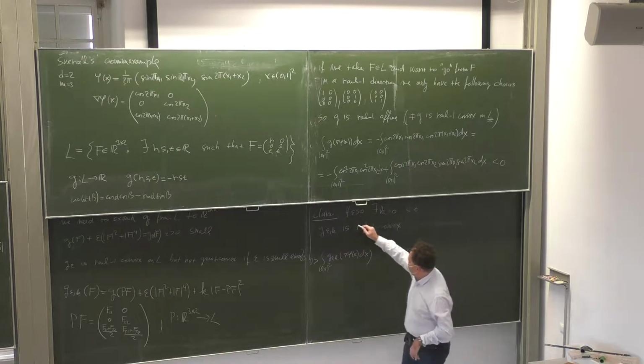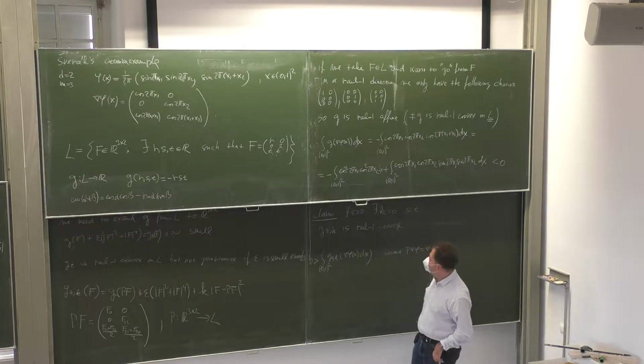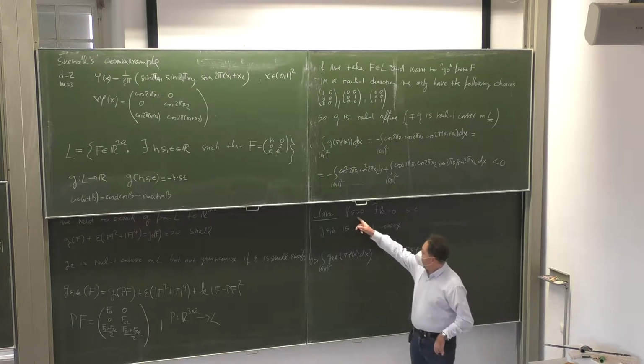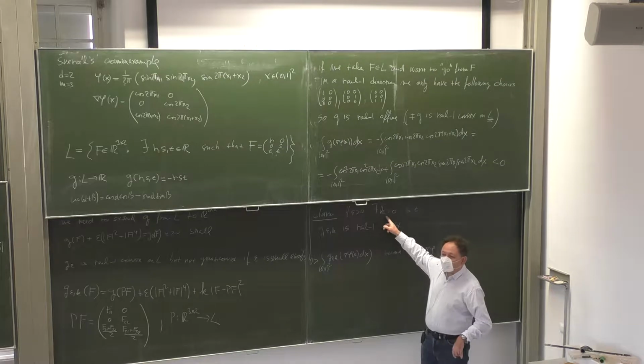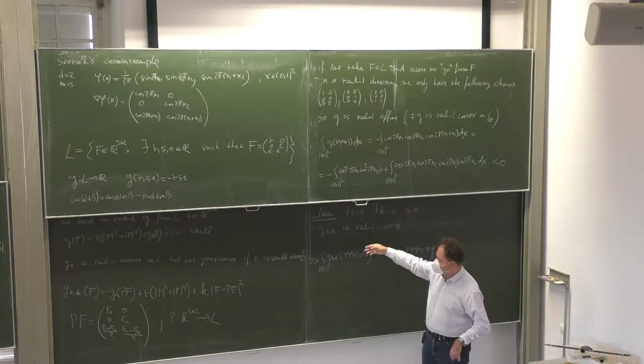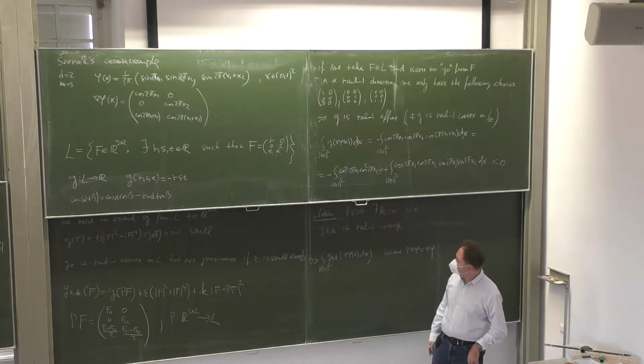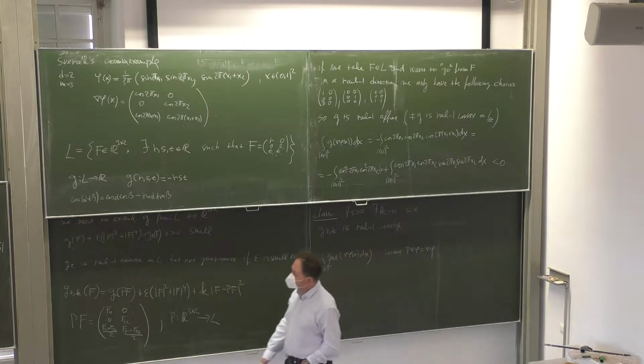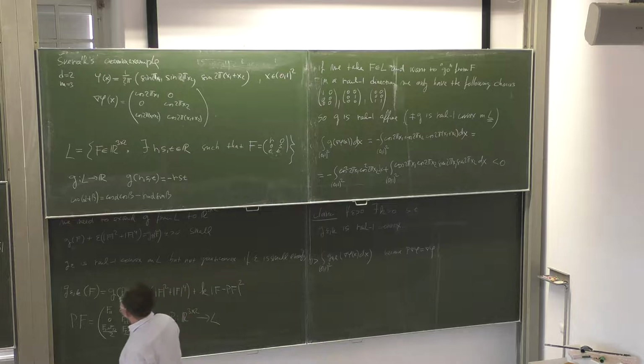So the claim is like this: for every epsilon there exists k such that the function g_{ε,k} is rank 1 convex. And we know that if you take epsilon small and k large enough, then this is not quasi-convex. I didn't erase that, but now I should erase it.